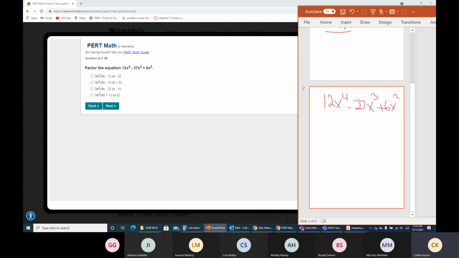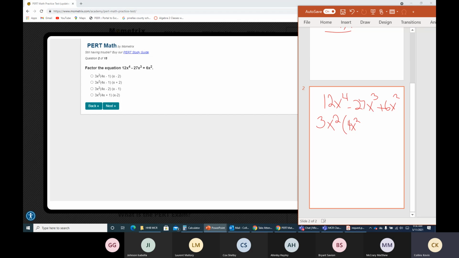Okay, so if you look at your answers, obviously we can factor out a 3x squared. So let's go ahead and do that, because all the answers start with 3x squared. If we do that, then the first guy here, we got 12 divided by 3, that's going to be 4. X to the 4th divided by x squared is going to be x squared.